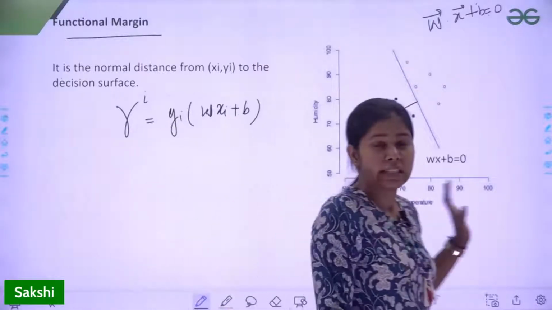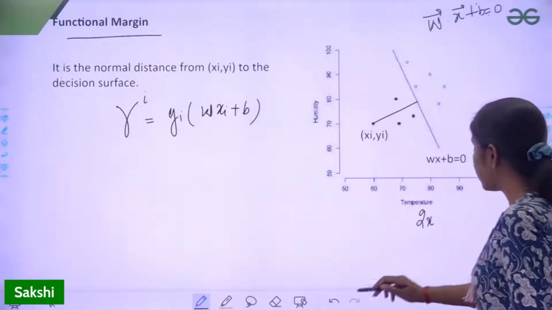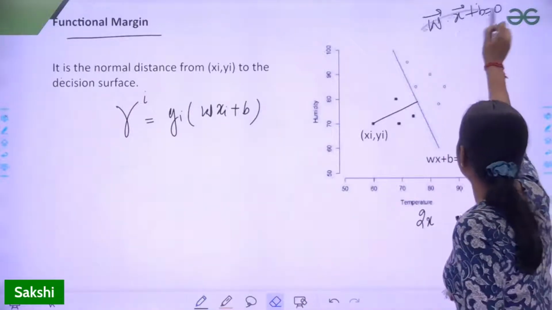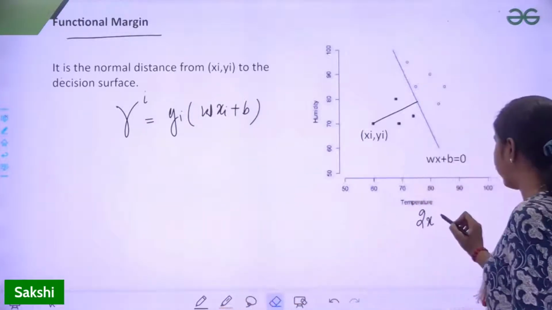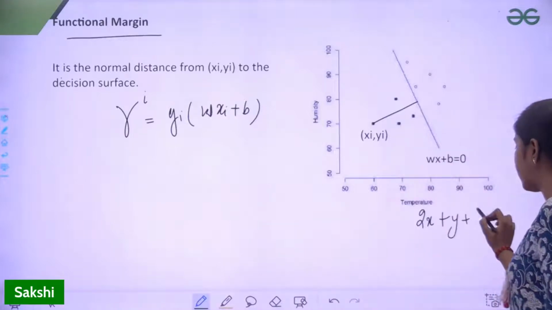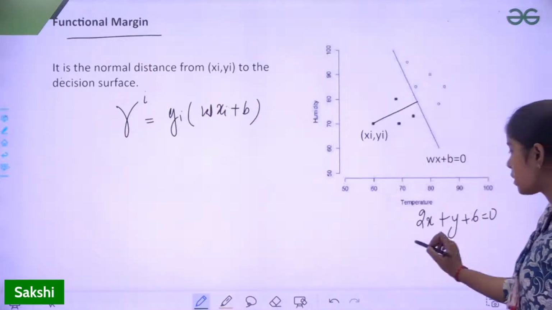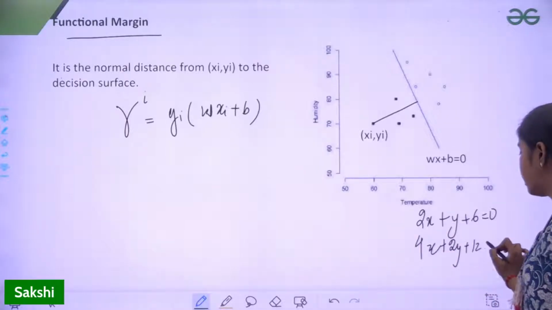But let's suppose this line has an equation, 2x plus y plus 6 equals 0. Can I write this line equation as 4x plus 2y plus 12 equals 0?